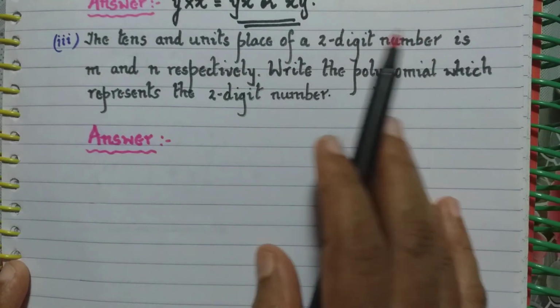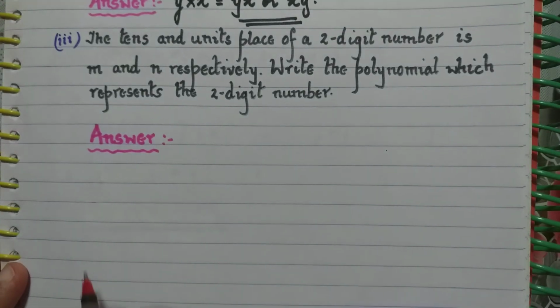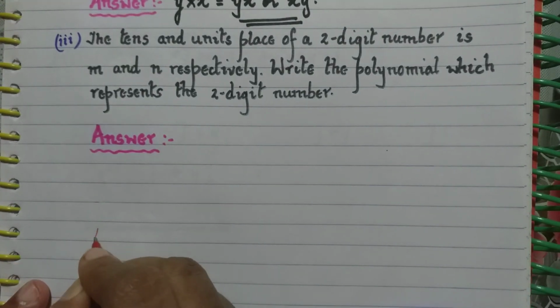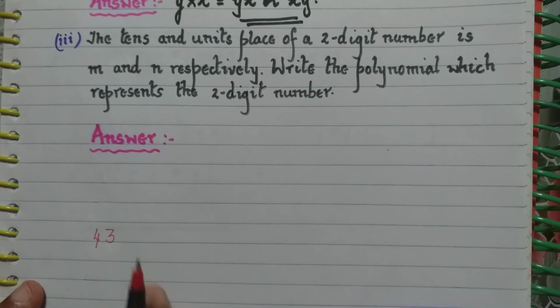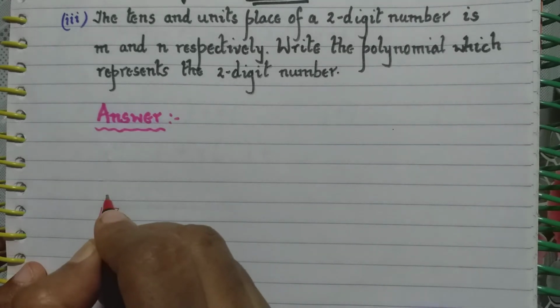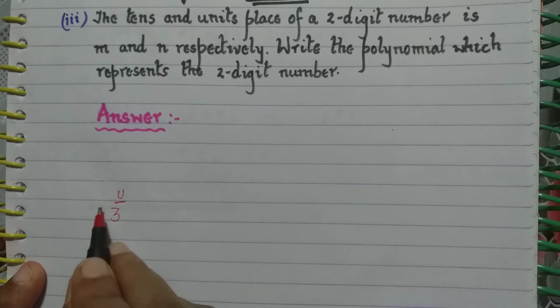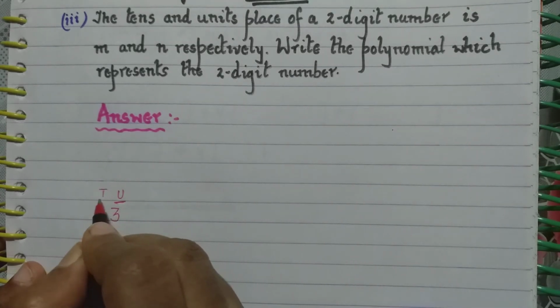Now let us take an example of a 2-digit number. Let me take the number 43. Now in 43, I know that 3 is in the units place and 4 is in the tens place.